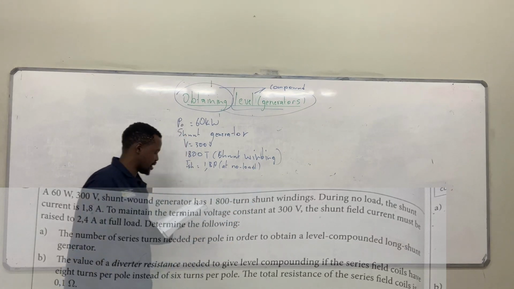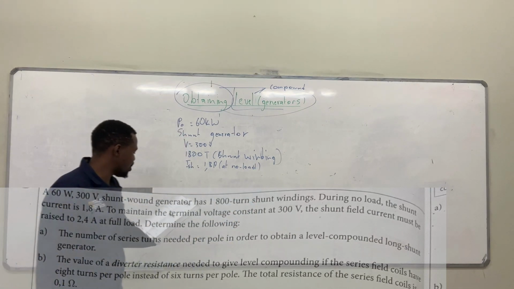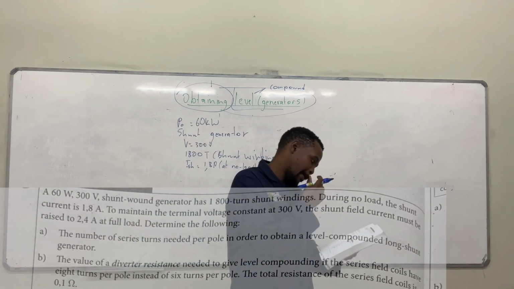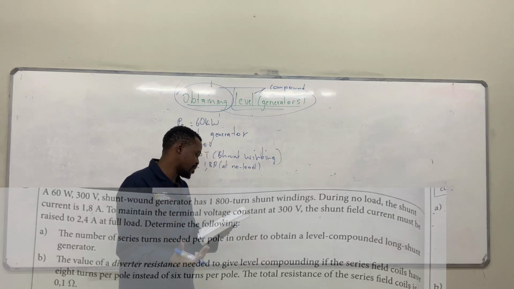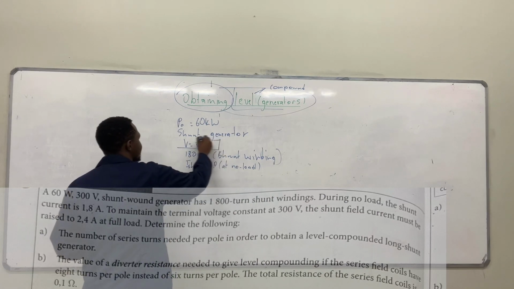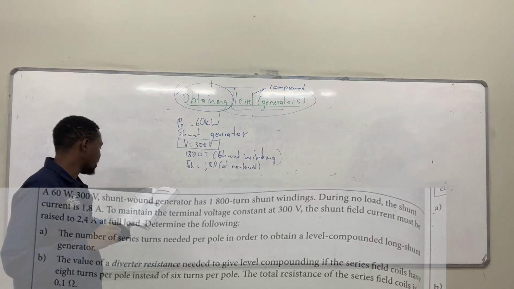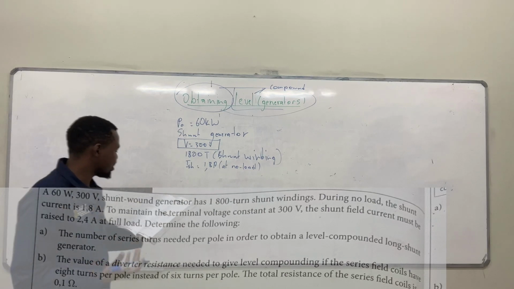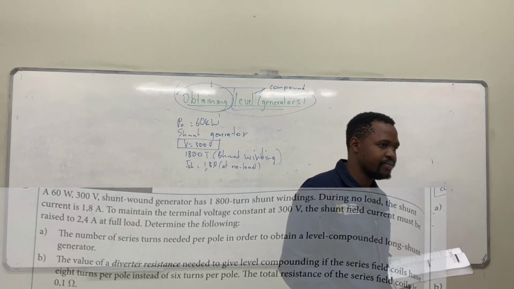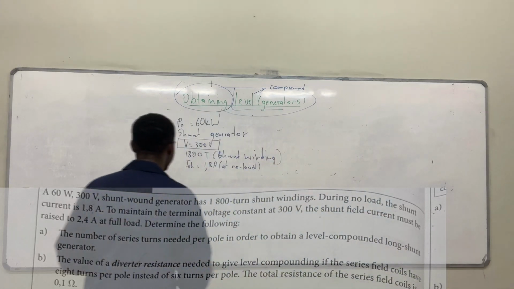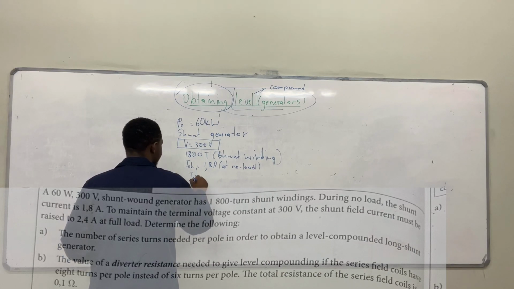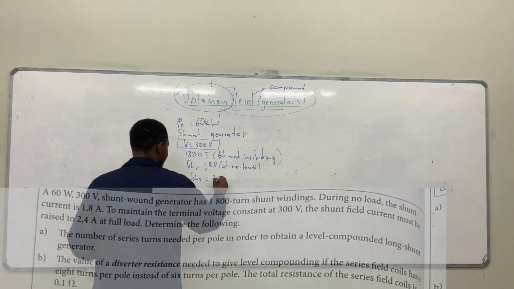Okay. Then to maintain the terminal voltage at 300 volts, the shunt field current must be increased. You might be asking yourself, why is the shunt current increased?